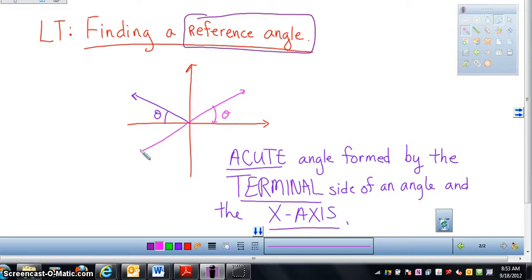You could have one here in the third quadrant, then you go up to the x-axis. You can have one in the fourth quadrant. Here's your terminal side. You go up to the x-axis because you always have to be acute, less than 90, and you always have to go to the x-axis. So acute angle formed from the terminal side and the x-axis. That's why I wrote those in capital and underlined those, so it'll help you remember.